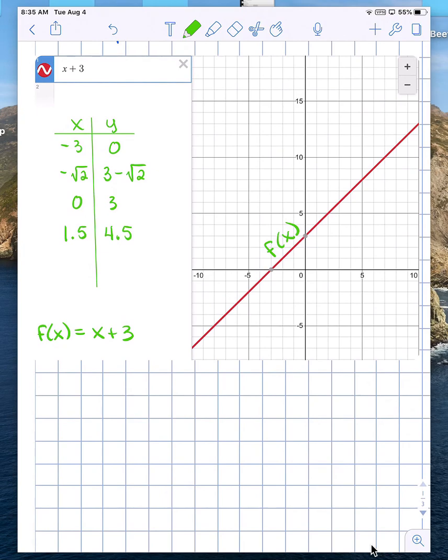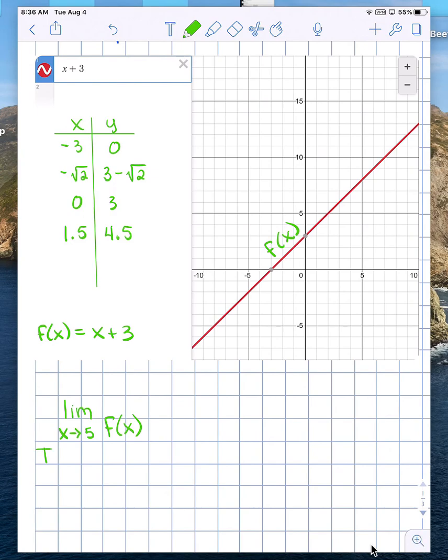So let's look, for example, at the limit, and the wording of this is going to be really important. The limit of f of x as, let's just say, x approaches 5. Okay, so did you get the wording of that?